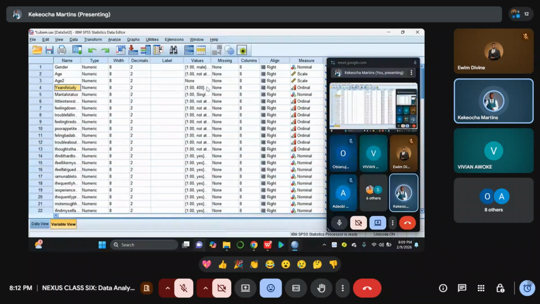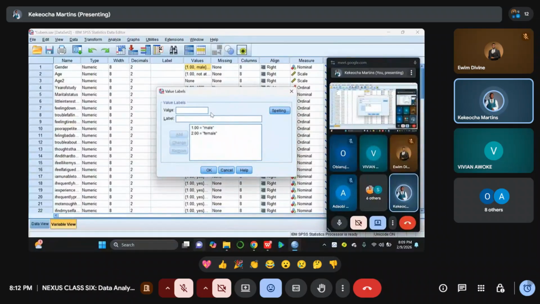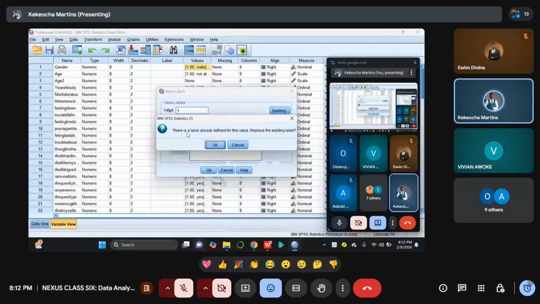So the next thing now is to go over to values. For example, I told you that we can decide that 1 should be male, 2 should be female. That is what you come under your value label to do. You type in 1, you type what you want it to be, male, you add it here. It will not add because there's already male in the labels there.